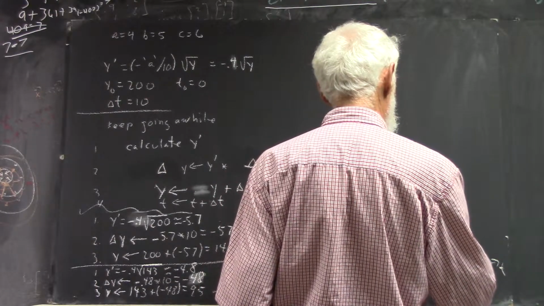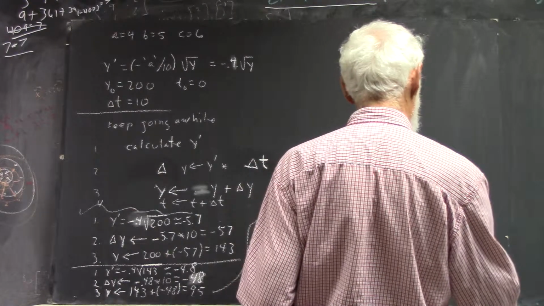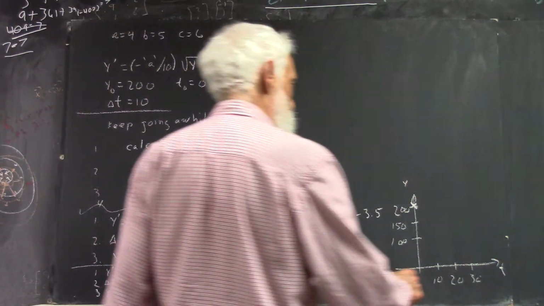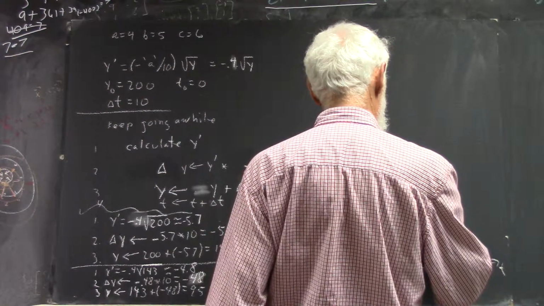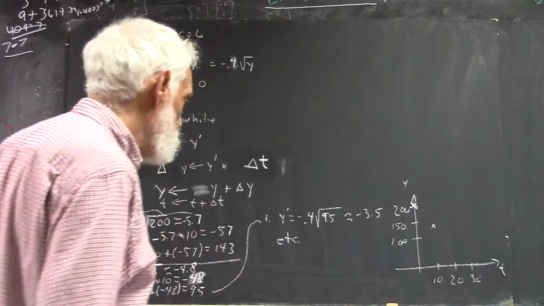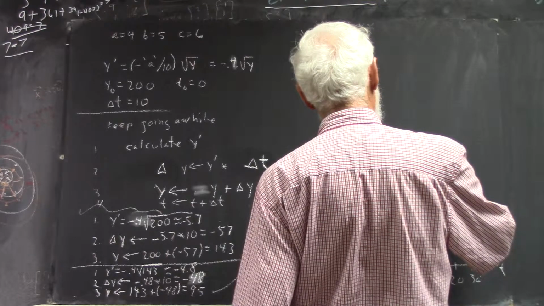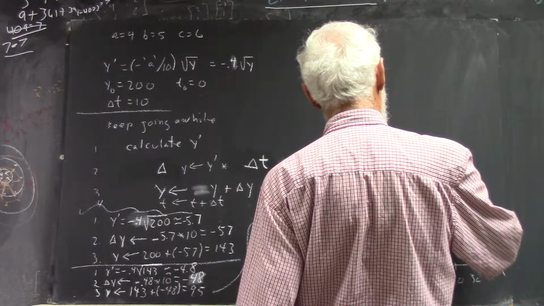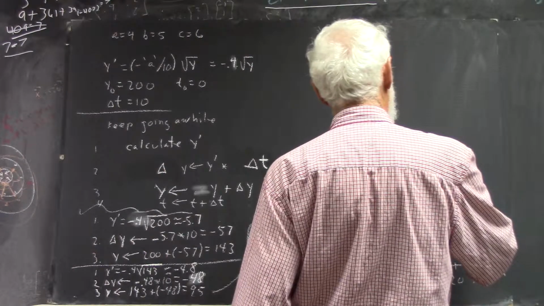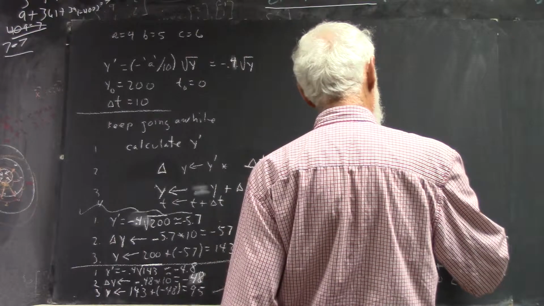So we start at 200. T goes 10, 20, 30. So we go down to 143, which is down about here. So that gives us a point here, 10, 143. And incidentally, when you do a graph, it's a good idea to label your points. And it's a good idea to do it accurately. That's 0, 200.